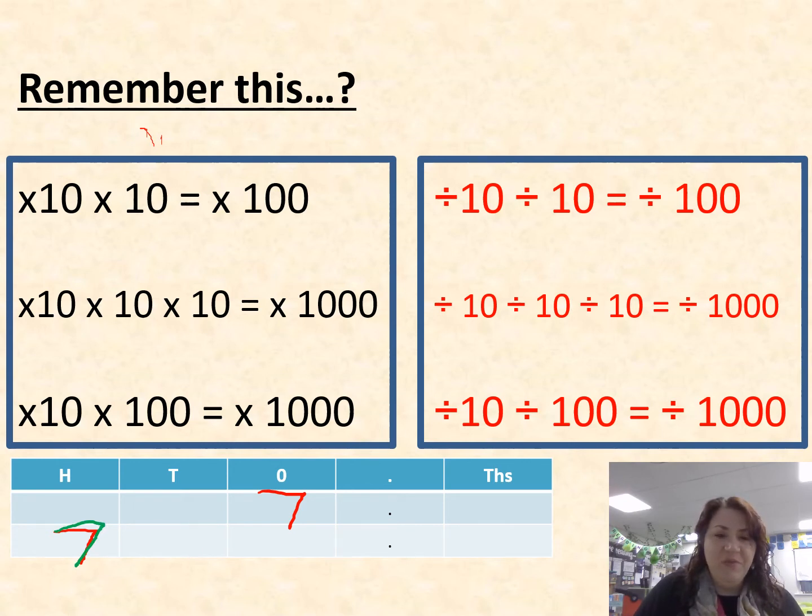So that 7 would move twice, and then of course you'd fill in your placeholders. And doing it 3 times is the same as timesing it by 1,000, and I'd go off the edge, wouldn't I? And then of course going backwards is the same as dividing by 100 or 1,000. So you've just really got to try and remember those.